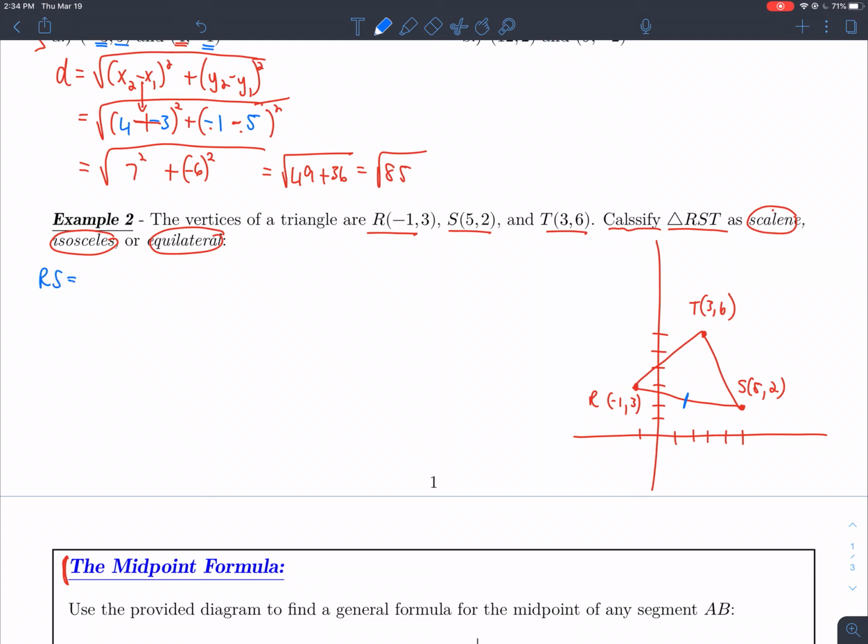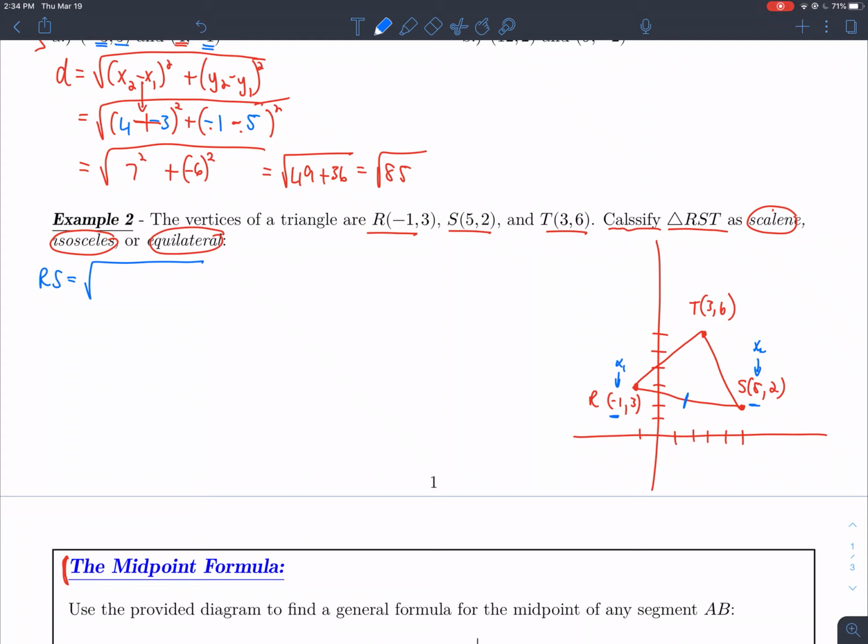Okay. So RS is the square root of, and we need to decide which point is x1 and which point is x2. Since this x value is smaller than this one, I'm going to call this x2 and this x1 when I'm trying to find the length of RS.